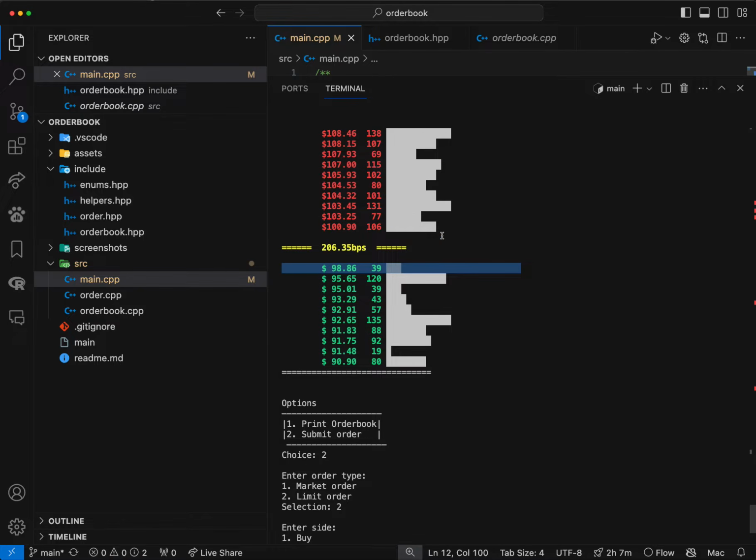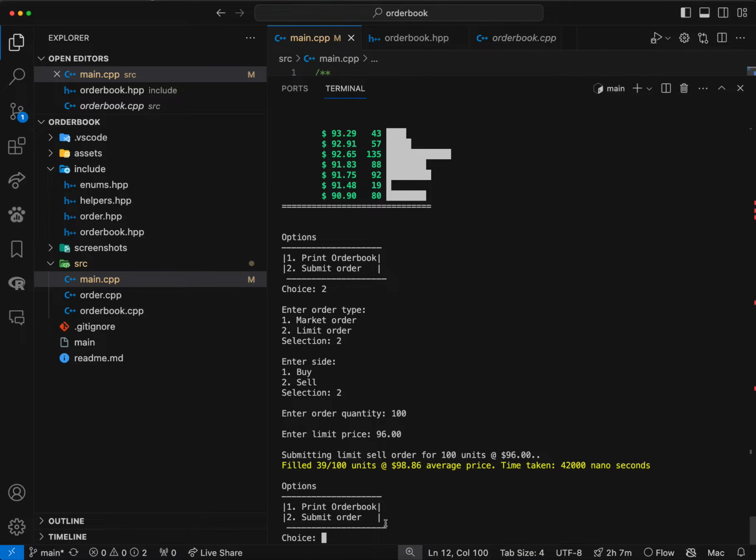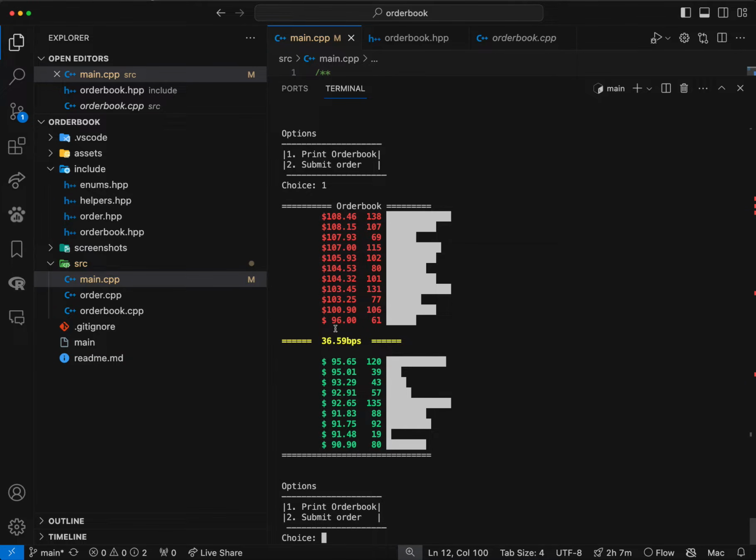They're placed as a standing sell limit order at the price that we are minimum willing to accept, which is $96. So let's print the order book and see if that's what we observe. It is. We see that the leftover quantity here is at $96. That's our leftover order, and we see that the price level here has been wiped, the one that we fully bought.